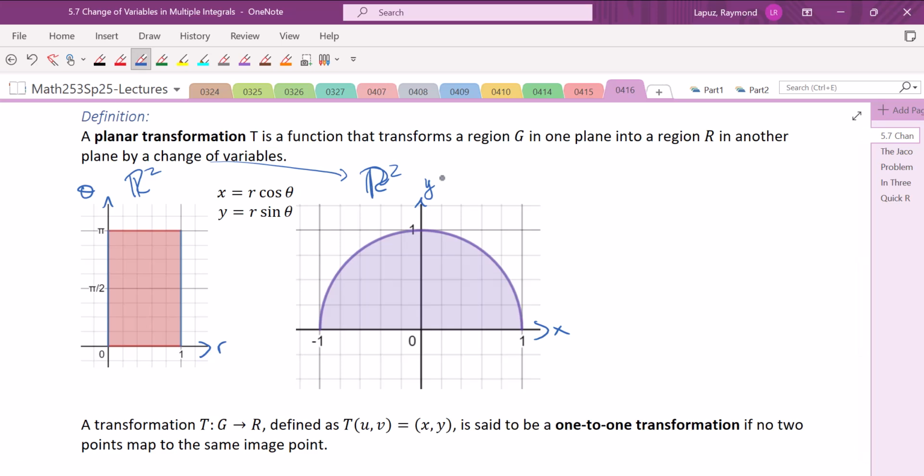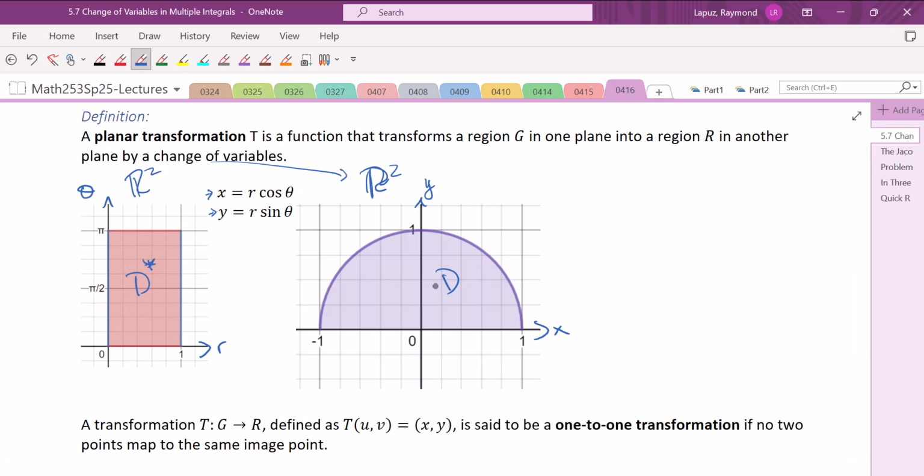And our transformation looks like this, where we say x is equal to r cosine theta and y is equal to r sine theta. That means it transforms something that might look rectangular like this. They call this D star maybe. And then this is D, the area that our integral is originally trying to integrate over.